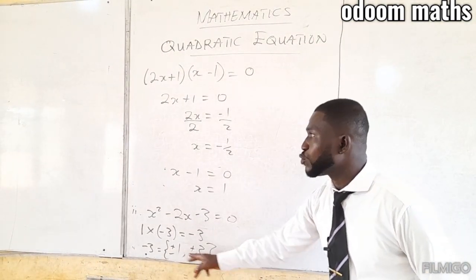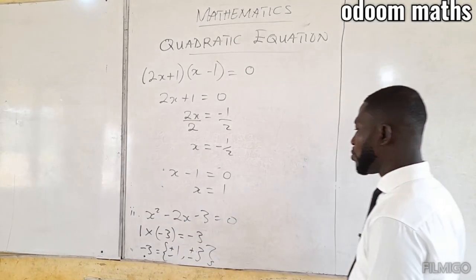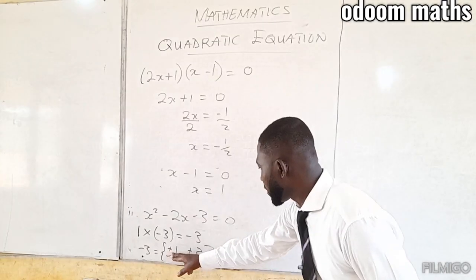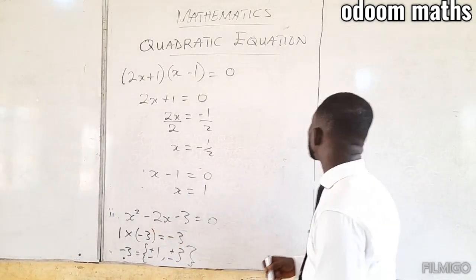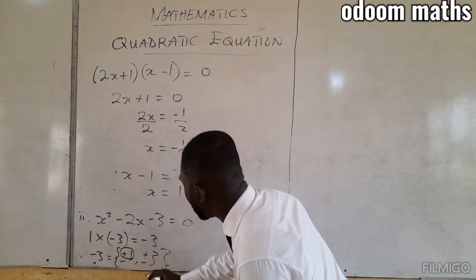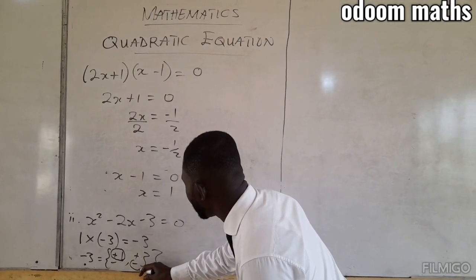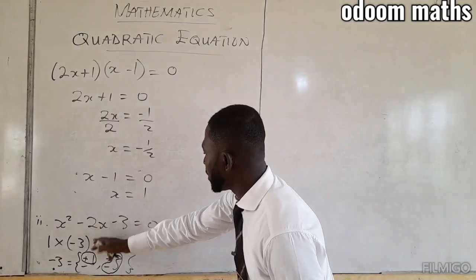Now I am going to take two numbers that will fit this negative 2 here. So if I take positive 1 and negative 3 and add, I'm going to get negative 2. So let me take these two numbers, positive 1 and negative 3, and put them here.